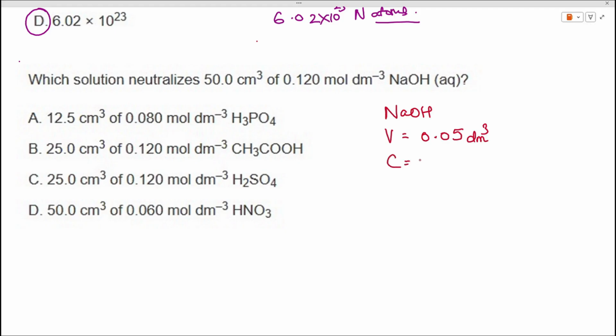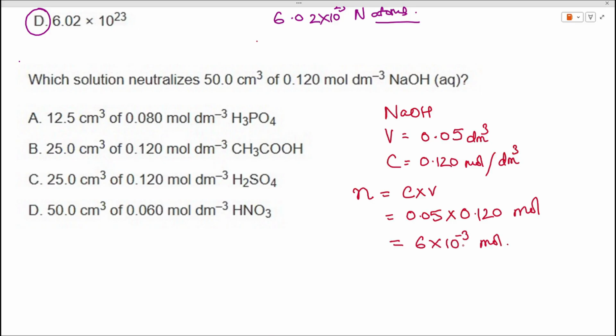And the concentration is given as 0.120 moles per decimeter cube. So first we need to figure out the number of moles. Number of moles is equal to concentration times volume. So this is 0.05 multiplied by 0.120. Here the decimeter cube will get cancelled and your answer will be left in moles. So this is equal to 6 times 10 to the power of -3 moles.